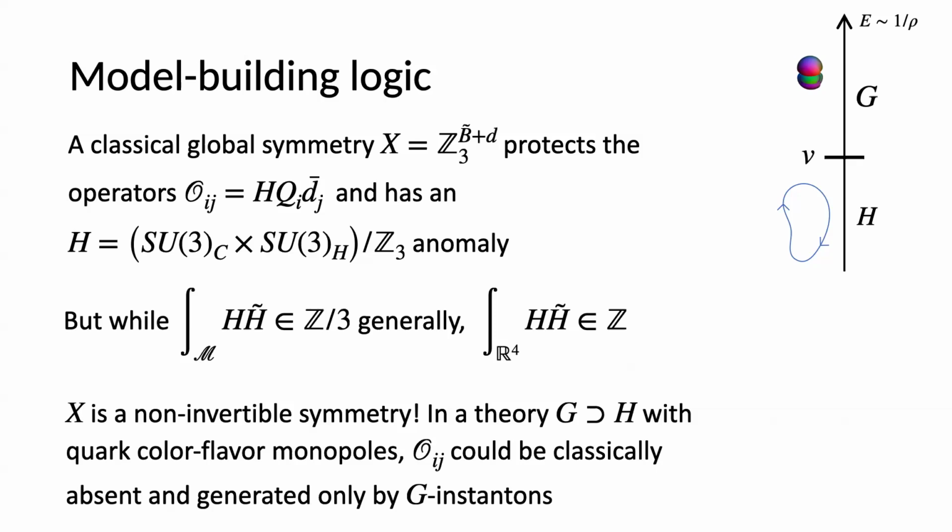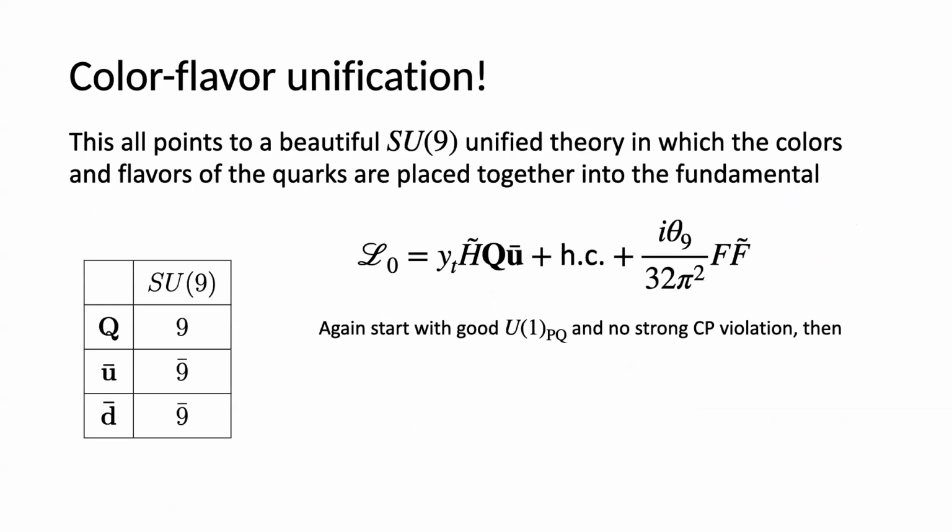So we have a non-invertible symmetry, and we should think, as model builders, about going to a UV theory that introduces the correct monopoles. And indeed, what that leads you to, in this case, is a beautiful theory of color-flavor unification. This theory has seen essentially no study, but you can put the 3 generations and 3 colors of each quark into the fundamental of an SU9 color-flavor unified theory. And you can now do exactly a flavor-symmetric massless quark theory, where you start in the UV with a Peccei-Quinn symmetry acting on the down quarks.